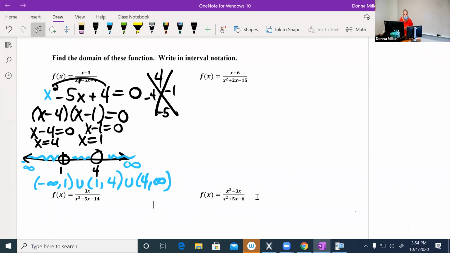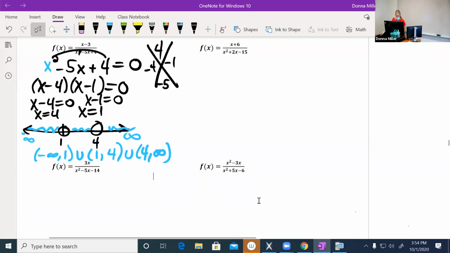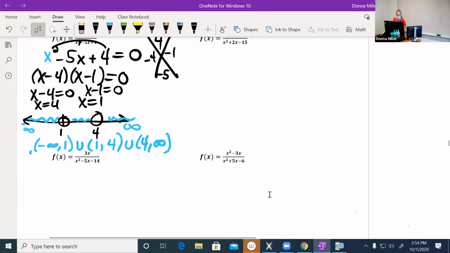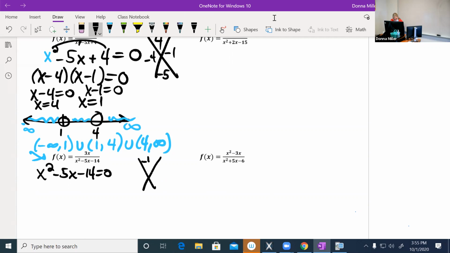All right, so let's do this one. I have to set the bottom to 0. So I need factors of -14 that add to -5. What would they be? -7 and +2, right?